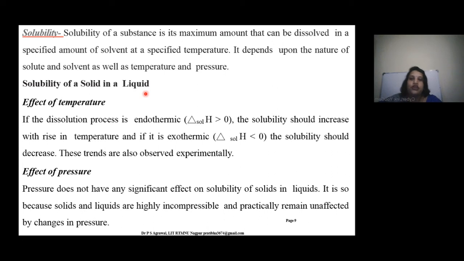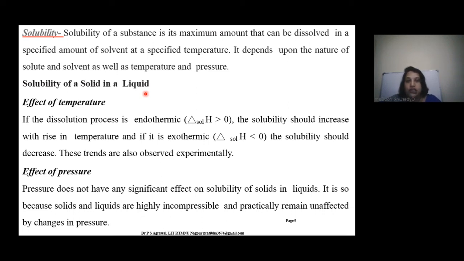Now, what is the effect of temperature on this? The solubility is significantly affected by temperature. Consider the equilibrium. In that, we must follow Le Chatelier's principle. In a nearly saturated solution, if the dissolution process is endothermic, meaning delta H is greater than 0, the solubility should increase with rise in temperature naturally.